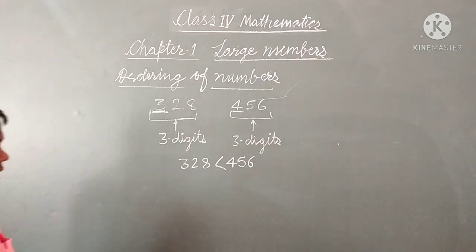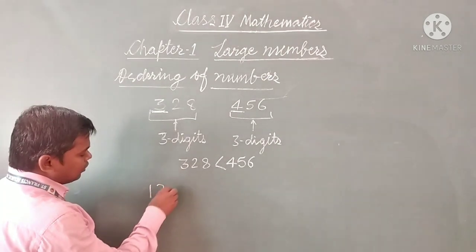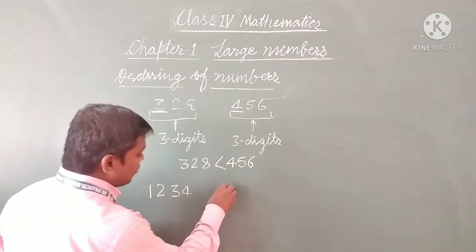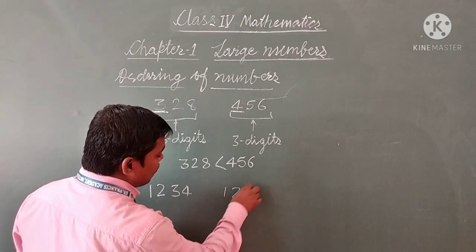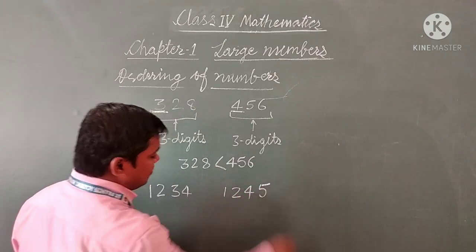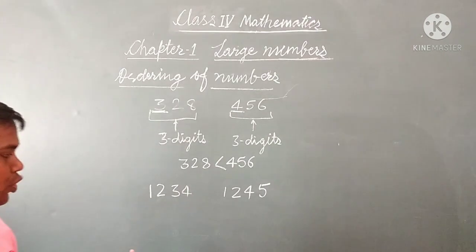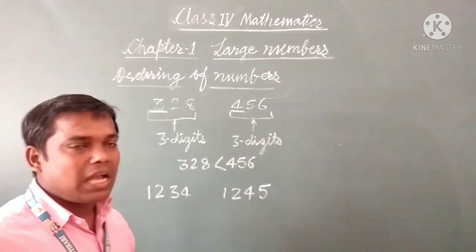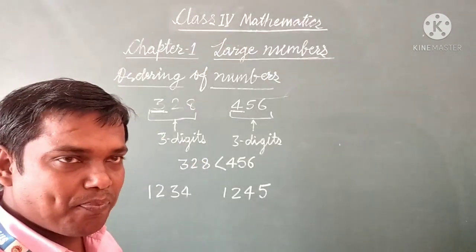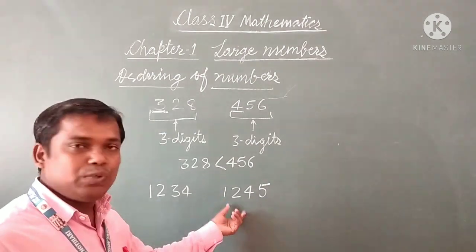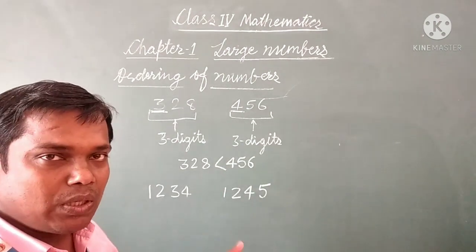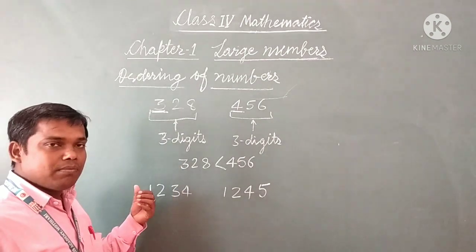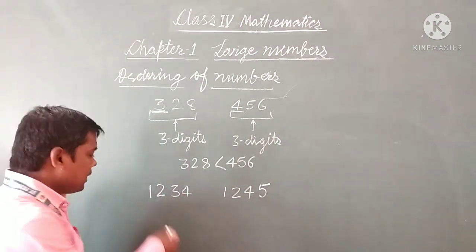Take another example. If we are having 1234, and here 1245. In these two numbers, we observe that both the numbers have 4 digits. So when we have to compare them, which one is greater and which one is smaller, we will check the leftmost digits first.